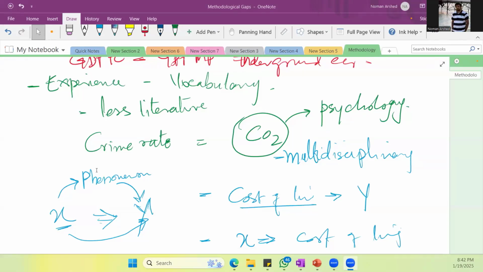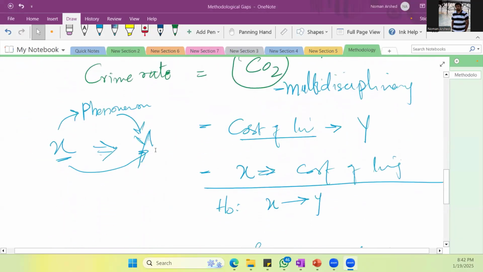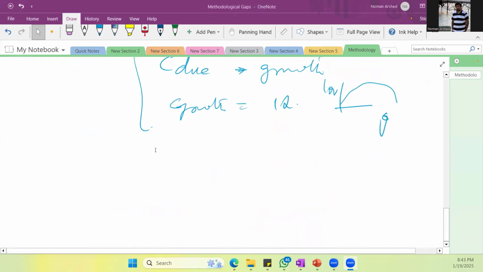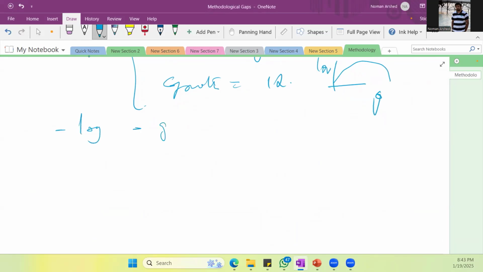So in the first part I discussed the unique variable. Now I will talk about the transformation. In the transformation, I need to discuss that there are many transformations that are commonly used in the literature. I will give you a few examples. You can make it a log form, a growth rate, or an asymmetric form.